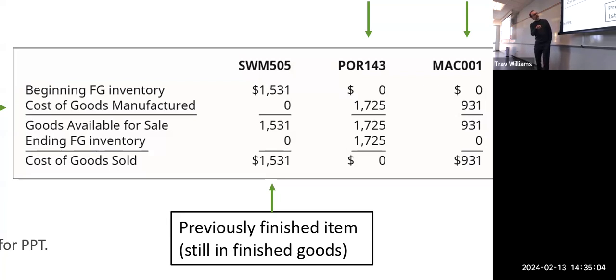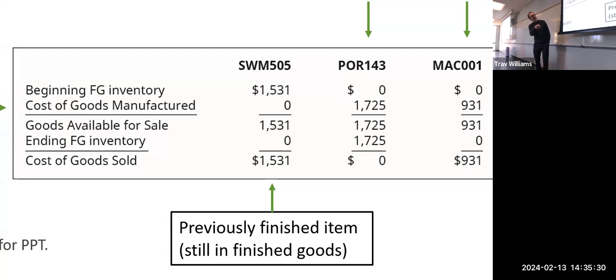This product, on the other hand, had not been finished at the beginning of the period. It was still in process. But during the period, it became finished, and we now have $1,725 of goods manufactured that are available for sale. Did that product get sold? No, and we know that because it's still in finished goods inventory.